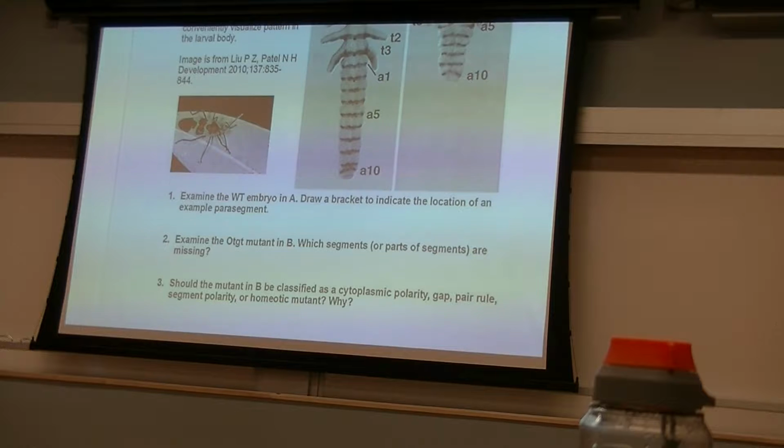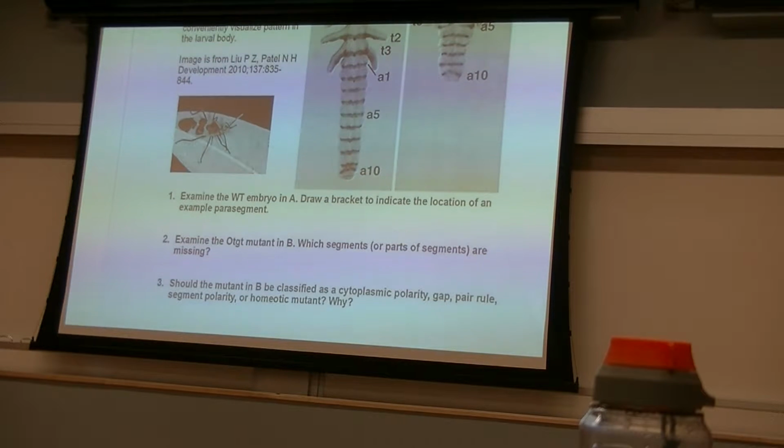So instead of one piece of each segment, like segment polarity, or one piece of every other segment, like pair-rule, this time we have some consecutive regions of the embryo that are adjacent that are now gone. And it does happen to be two of them. Some of the gap genes might have only one missing region, and this one has two missing regions. And some of the gap genes happen to be expressed in two broad places instead of one.